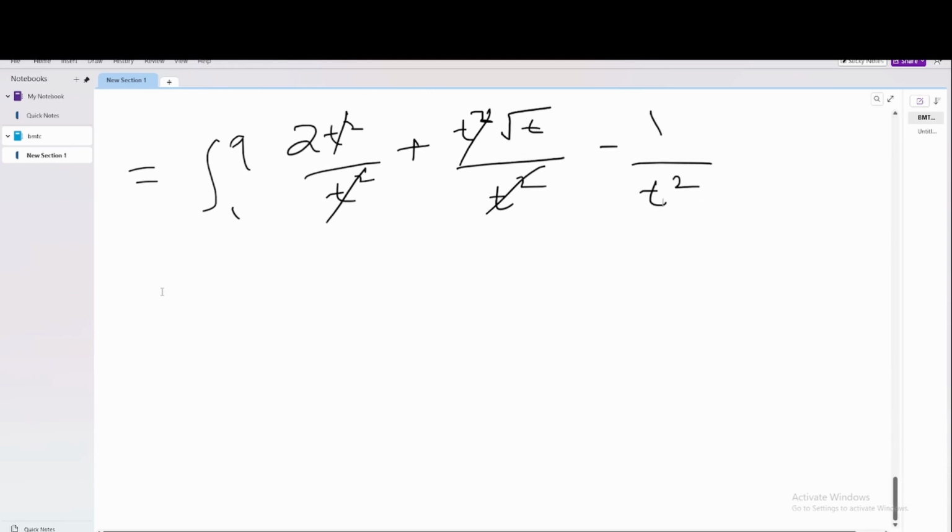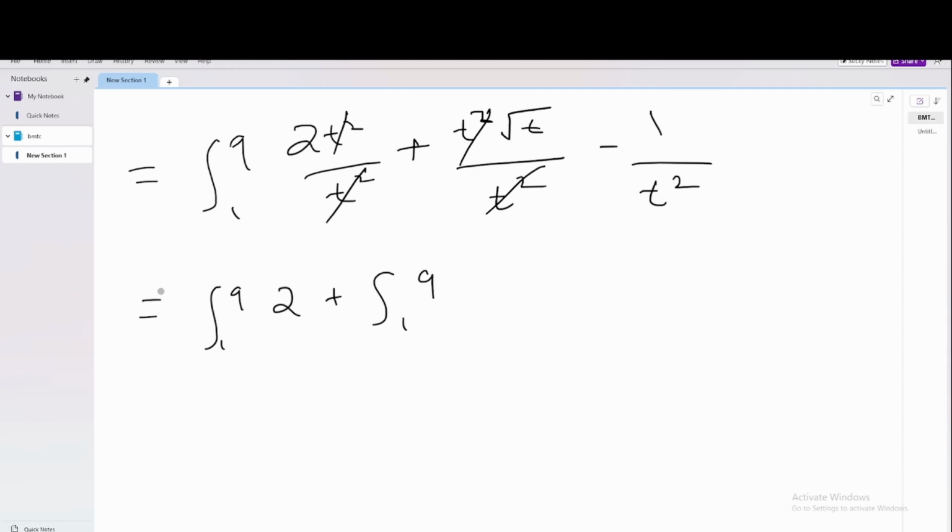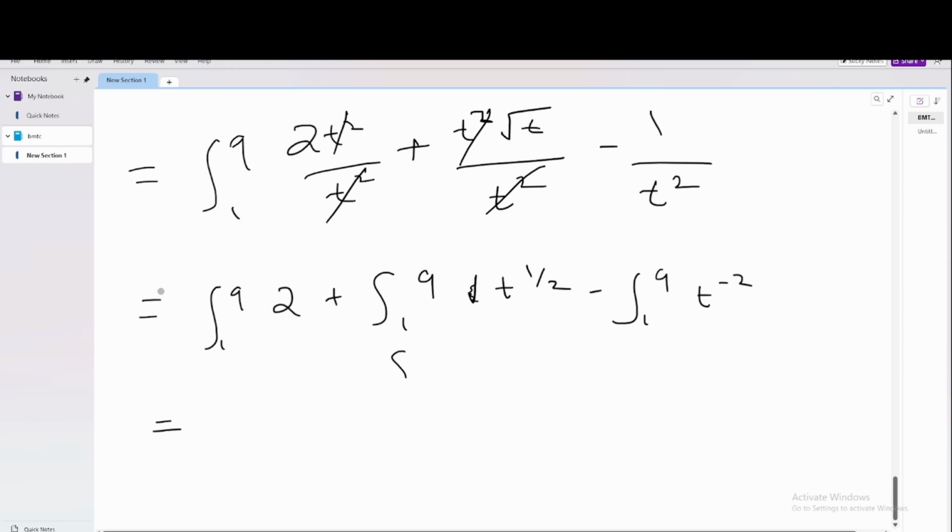So now we can distribute the integral to each term. So it will be integral 1 to 9 of 2 plus integral 1 to 9 of root t, which can be written as t raised to 1 by 2, minus integral 1 to 9 of t raised to minus 2. So by integral x raised to n is equal to x raised to n plus 1 divided by n plus 1. This is the form.